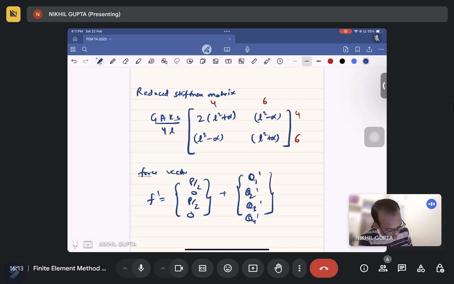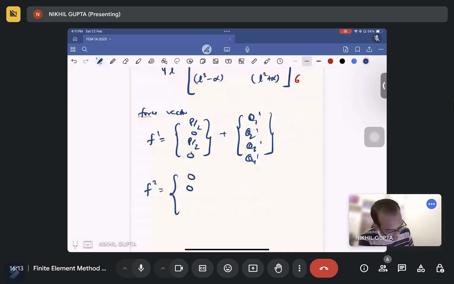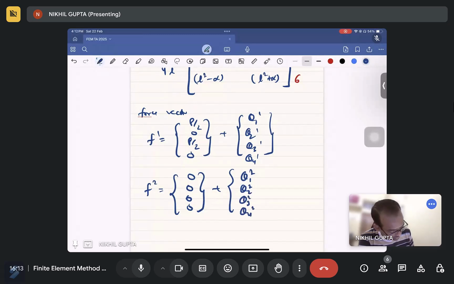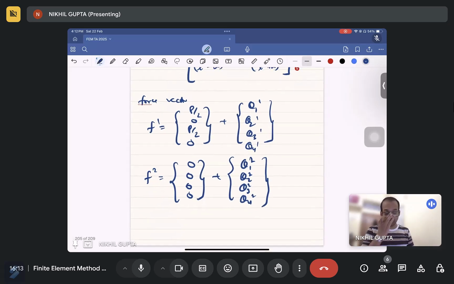For element 2, it will be 0 0 0 0, then Q1 2, Q2 2, Q3 2, Q4 2. Is it okay till now with everyone? I have not done anything new. It is the same thing I was doing in the first two problems, so I have done it in a quick way. I hope it is clear to everyone.